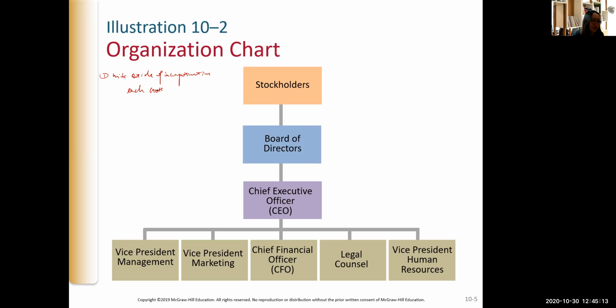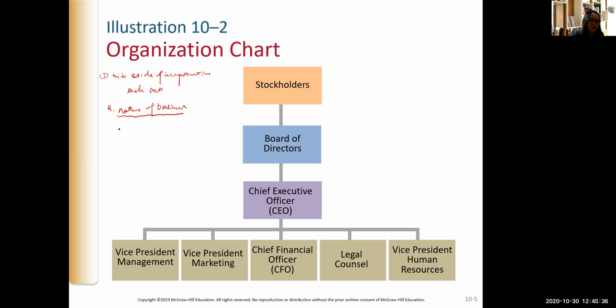The articles of incorporation describe three things. A, the nature of your business: are you selling goods, providing services, in the entertainment industry, or are you farmers? You will state the nature of your business.